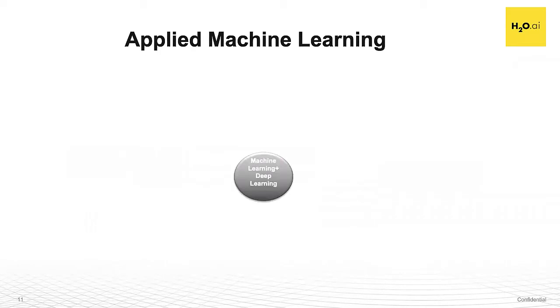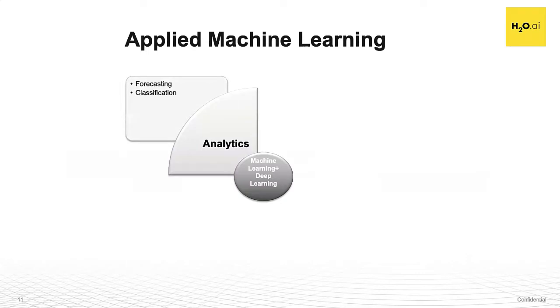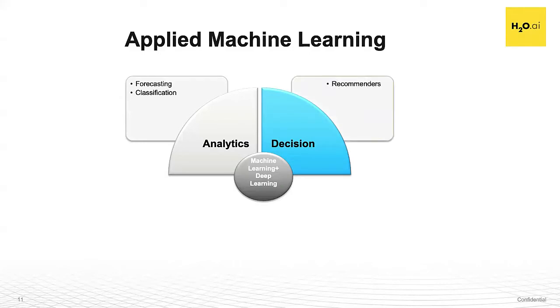Machine learning coupled with deep learning is today applied in analytics, like forecasting sales and stock prices; classification, like differentiating a spam email from a non-spam email; and decision making, for instance, recommenders: whether you should buy product A or product B, whether you should watch movie A or movie B.